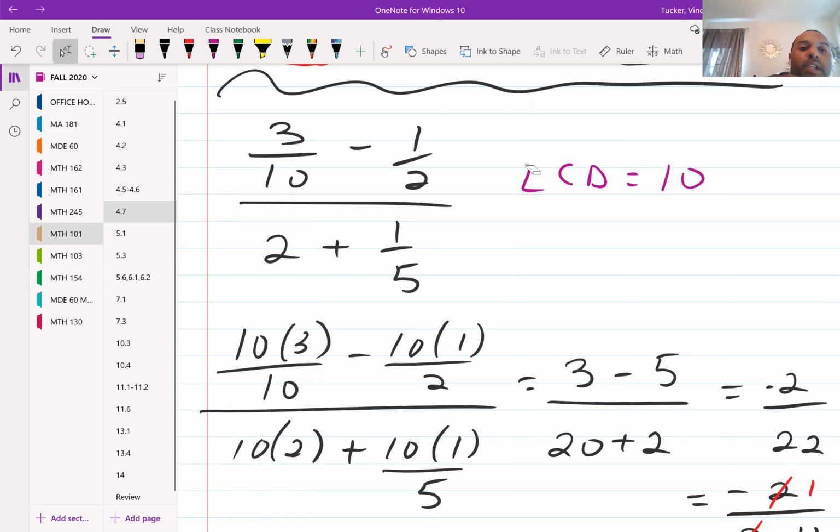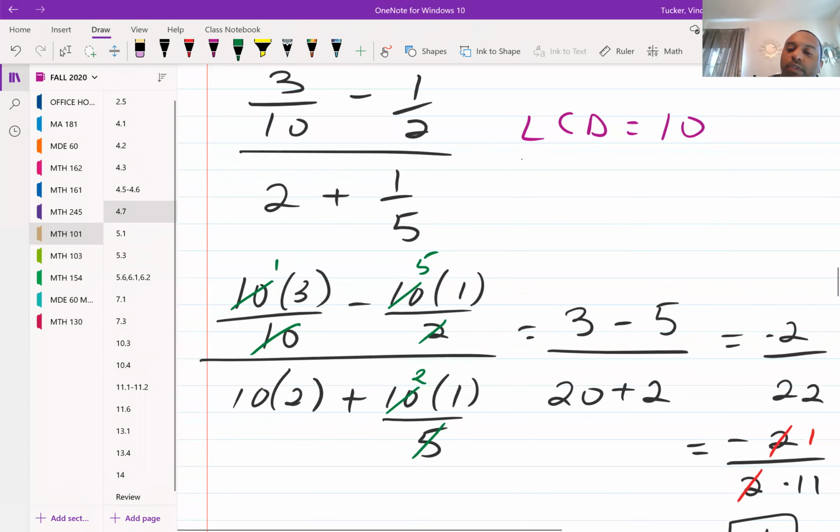All right, so now we can cancel out. 10s cancel, leave you with 1. 2 goes into 10, leaves you with 5. 5 goes into 10, leaves you with 2. So 3 minus 5 over 20 plus 2. Negative 2 over 22.